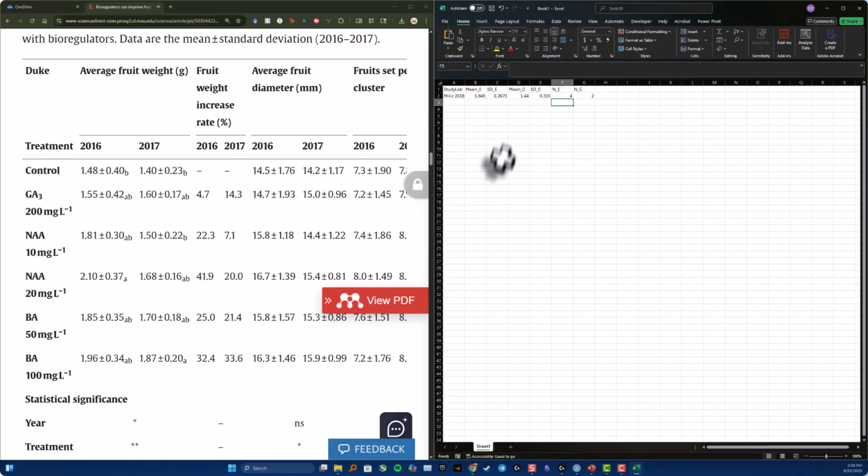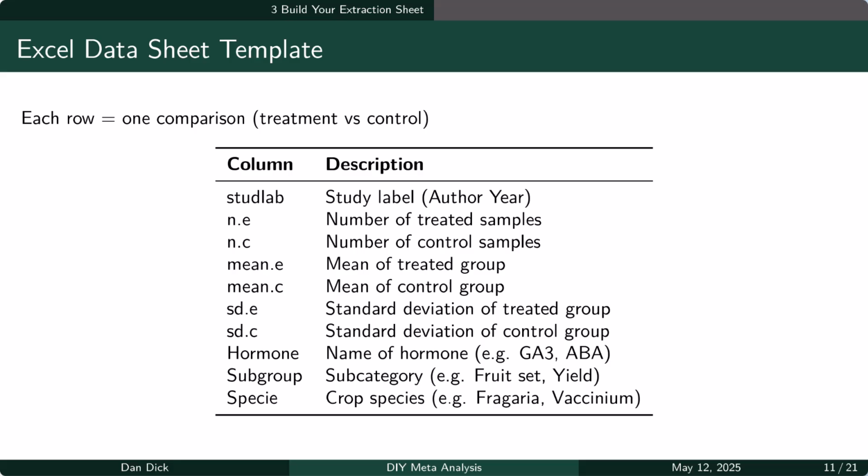So this is how you would fill out each individual publication with its mean, its deviations, and its number of observations. So these are the standard Excel sheet templates. When I ran through the example, I had a slightly different name for the columns, but you can see by the column name and the description what each of them means.